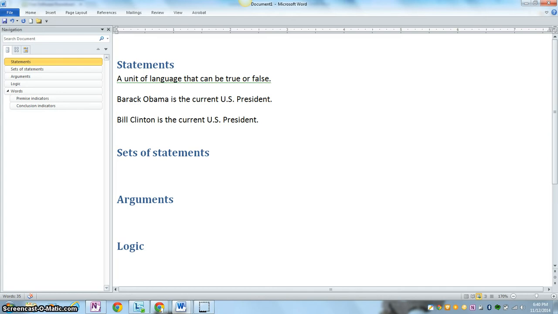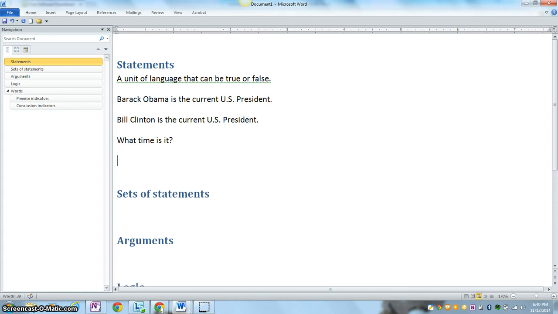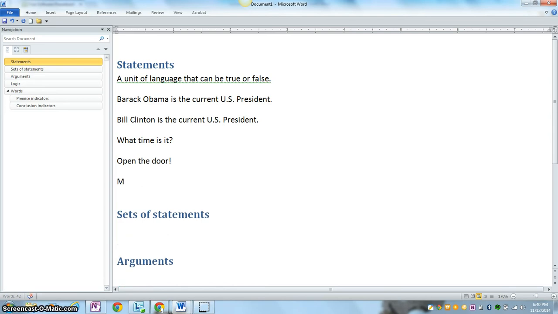What is not a statement is, for example, a question or a command or a wish. These are all units of language that are meaningful, but they don't say something that can be true or false.